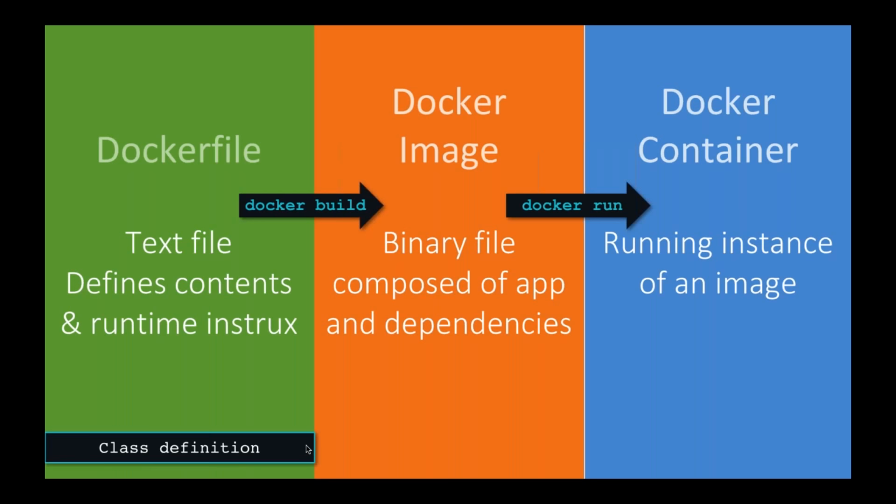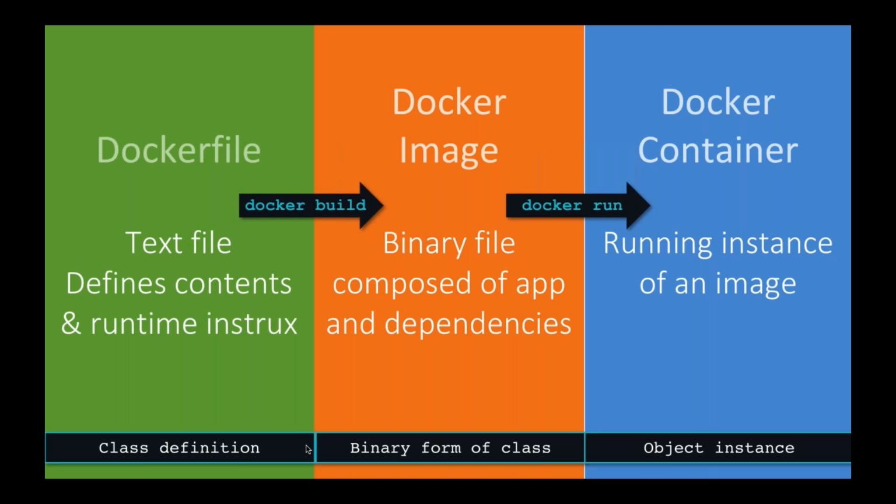The Docker file is like a class definition. The Docker image is like the compiled version of that class, and the Docker container is the object instance when your application's running. So you can think of those different states of the Docker file, the Docker image, and the Docker container that way.